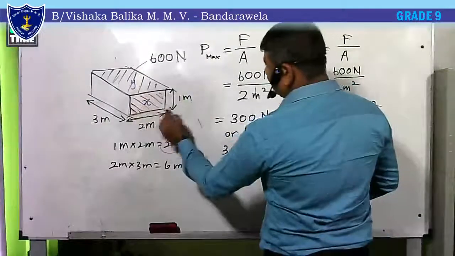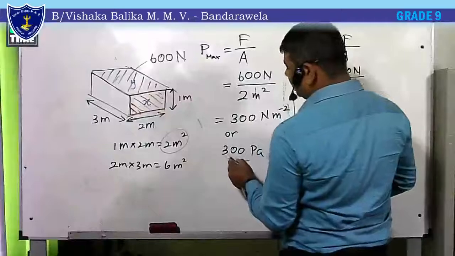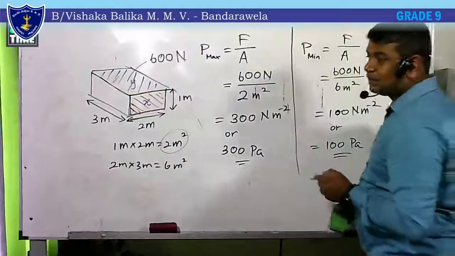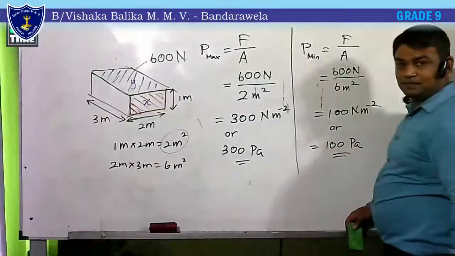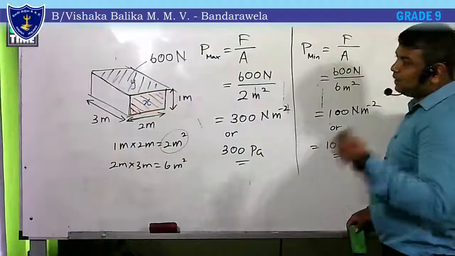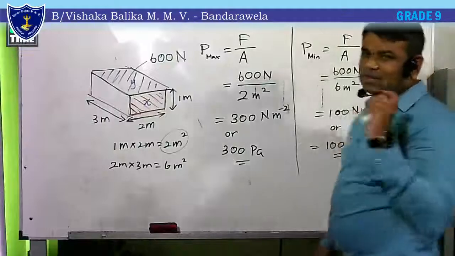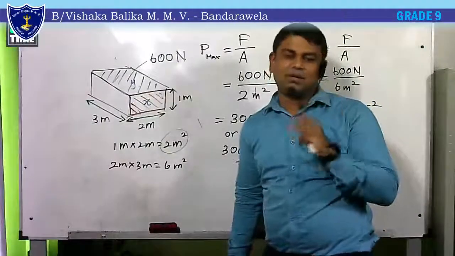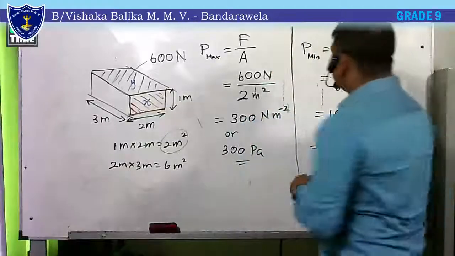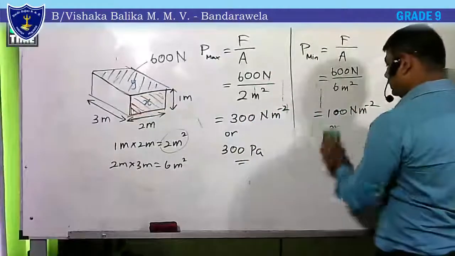As there is less area, there is more pressure, 300 pascals. When there is a very high area, there is less pressure. This is one sort of calculation. I will give some problems like this, then you can take those problems and solve them. Now let's move on to this one.